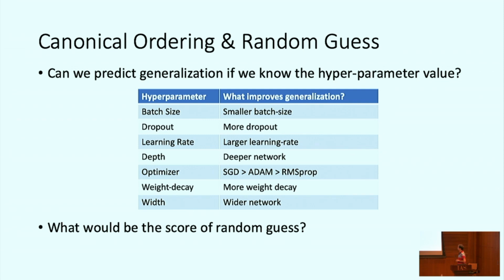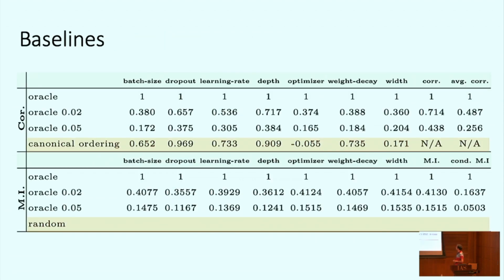If you knew the hyperparameter, and also just to get a sense of how informative these numbers are, we also report a random guess. So in terms of canonical ordering, which is basically if you know the batch size or other hyperparameter, how well you could predict, you can see that indeed smaller batch size generalizes better, and you can pretty easily predict generalization using batch size. More dropout is better, higher learning rate is better, deeper networks are better, but it was not the case for optimizers.